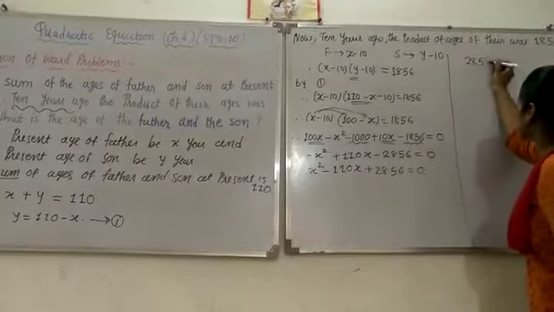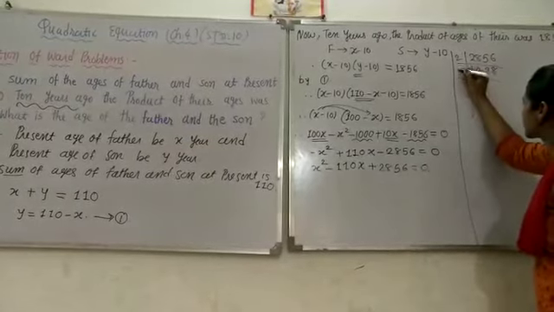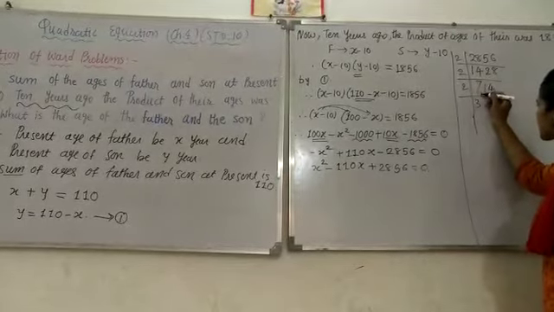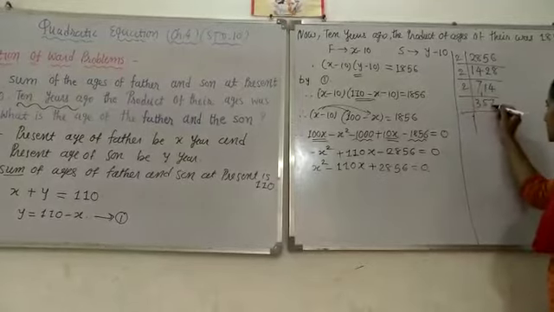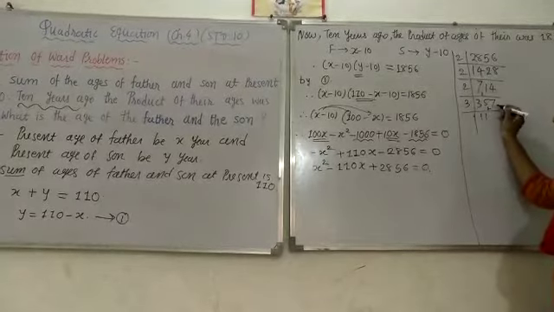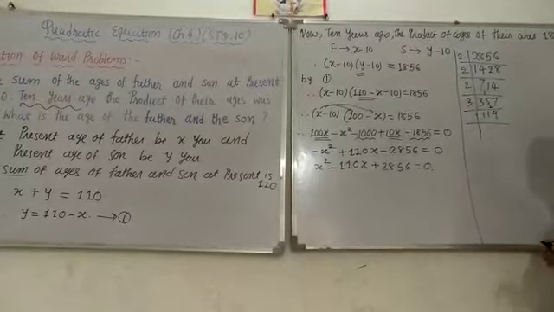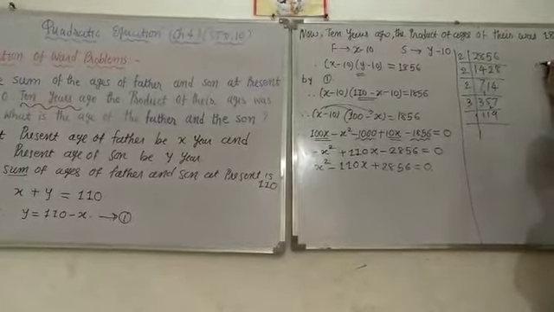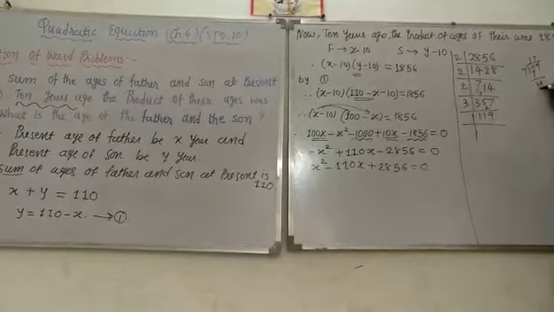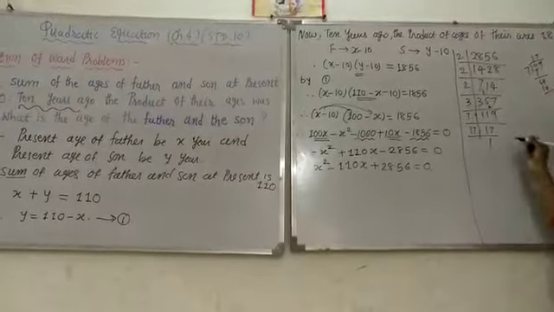So for the prime factors of 2856: 2 into 1428, then 2 into 714, then 2 into 357. Now 357 is divisible by 3, giving 119. 119 is not divisible by 3 or 5, but it is divisible by 7, giving 17, because 17 is a prime number.